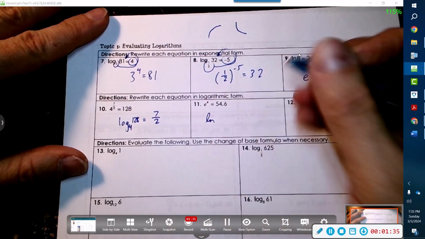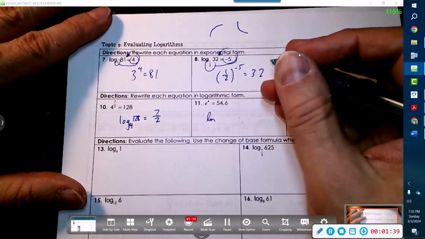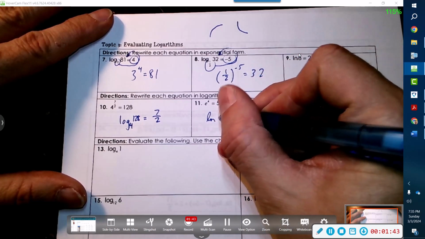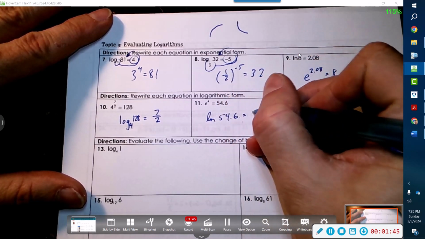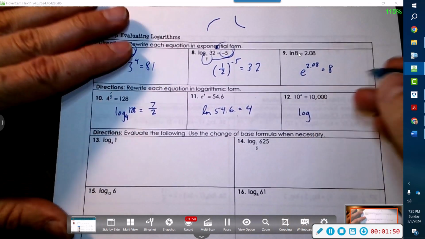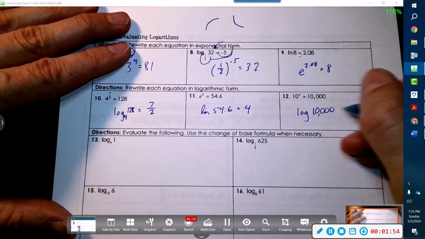This is going to be the e, so we might as well use the ln. And so the ln of e, which is the base of 54.6, would have to equal the exponent. And then finally, this is just the log, and the log of 10,000 equals 4.